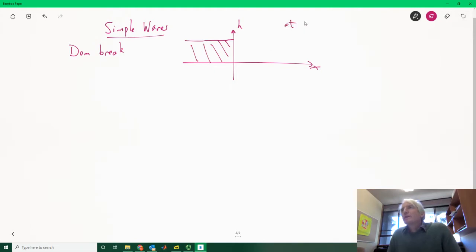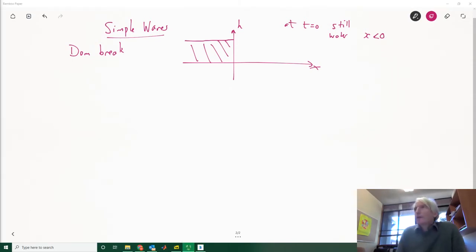So t equals 0 is still water where x is less than 0. And we're going to call this height here h0.